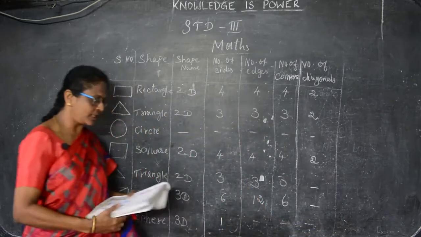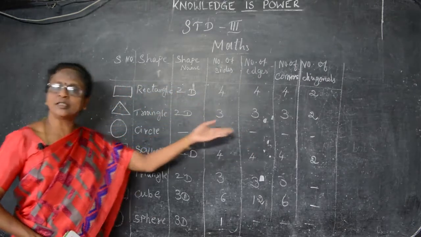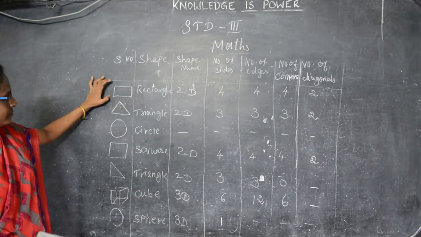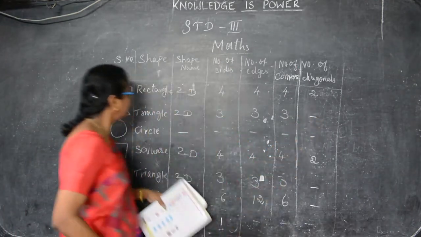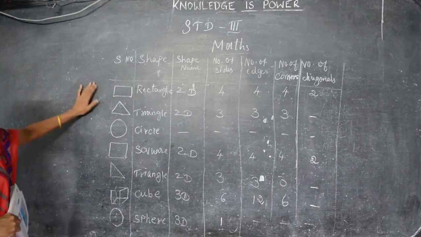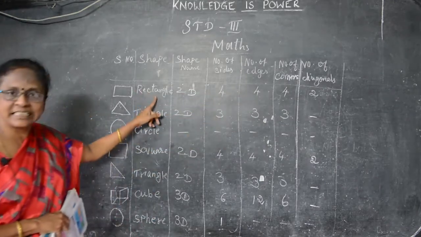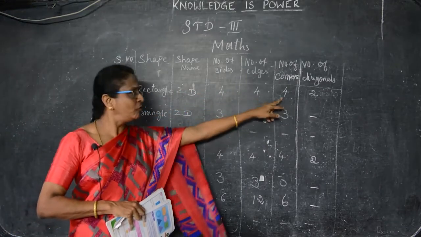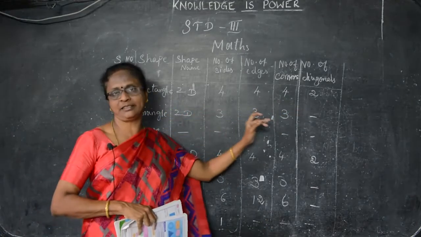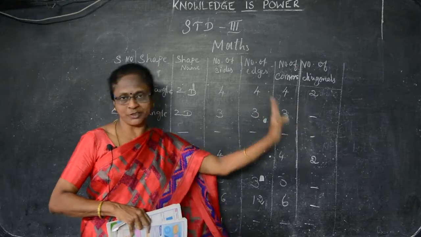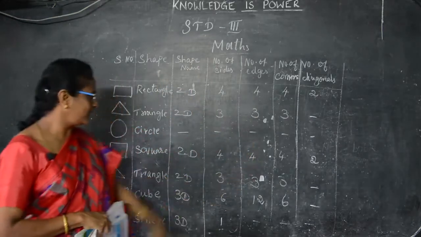So you draw the shapes and say how many edges, how many corners and diagonals. Only in square and rectangle will 2 diagonals come, and there will be 4 sides, 4 edges, 4 corners, 2 diagonals. And in triangle only 3 sides, 3 corners, 3 edges, but no diagonals. Okay children? And in circle, nothing will be there, it is only one face.